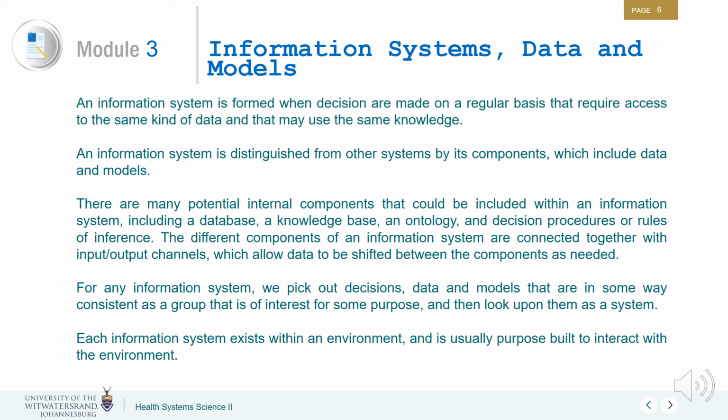So information systems need to be distinguished from other systems by the components within that system, which include the data that we are collecting and the models that we are using to interpret that data.